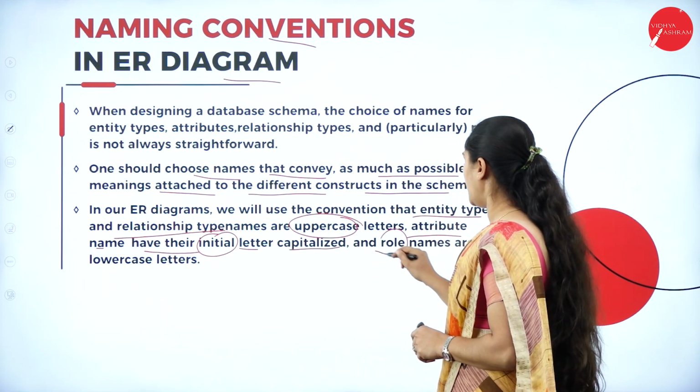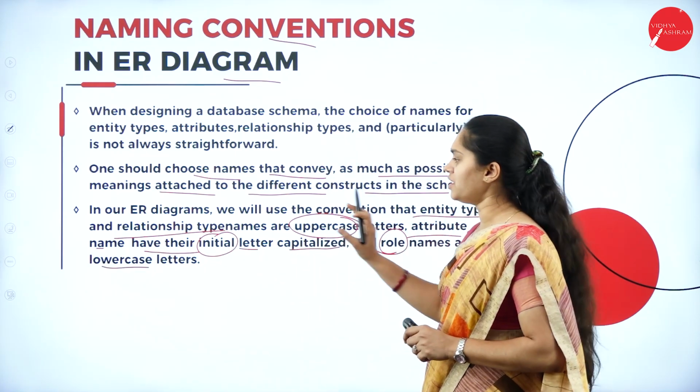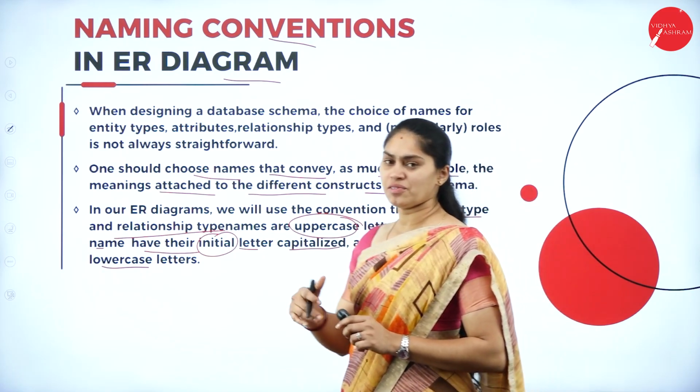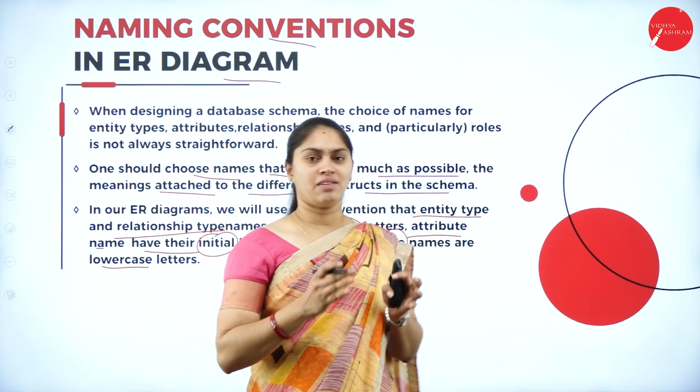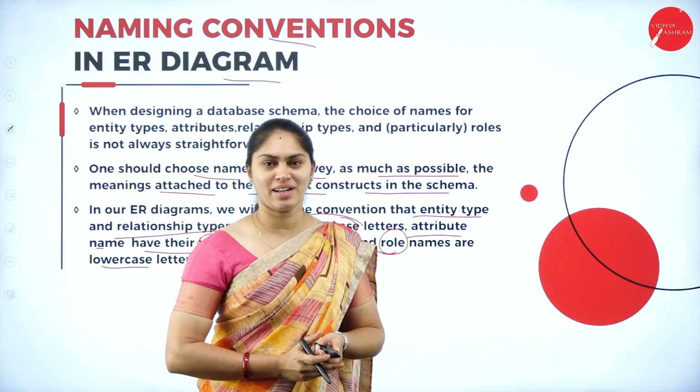Then we have to use lowercase for the role names. So this is what you need to remember whenever you are naming the objects of this ER diagram. I hope you all understood my today's session.